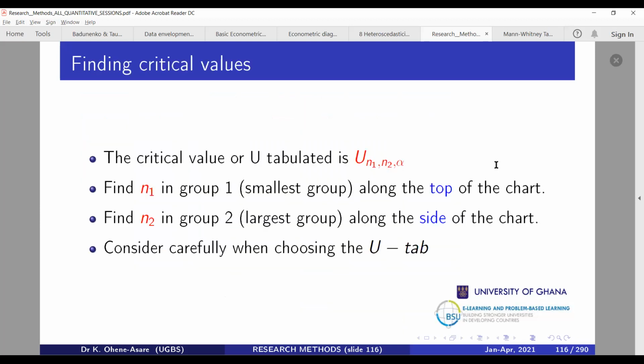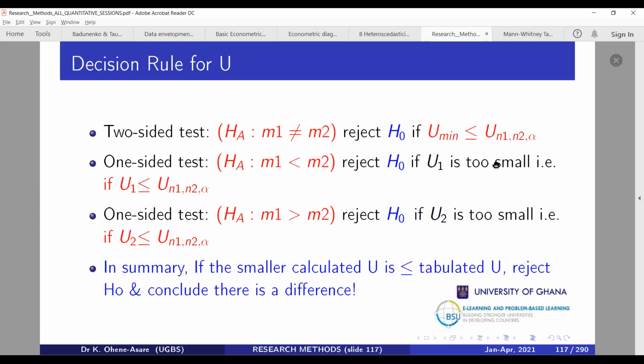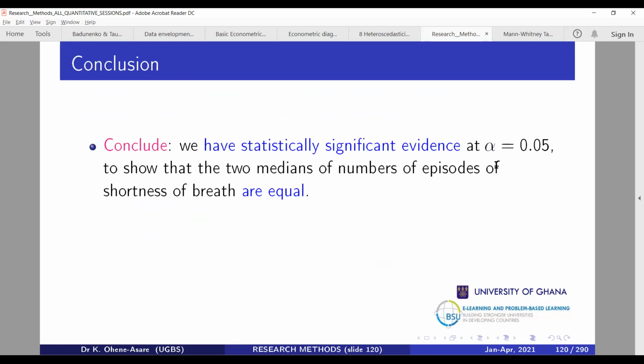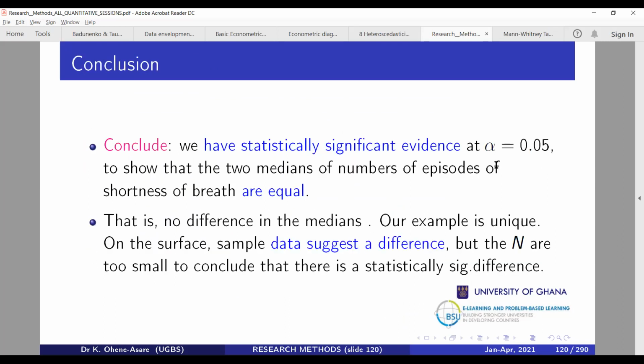Sometimes when you want to determine whether the sample size is large, everything, by the way, is in your slide, if you want to conclude that things are really as they are, increase the sample size. So now the new drug is not effective, so there's no difference. That's what you're going to say. There's no difference in the number of episodes of shortness of breath for the new drug.